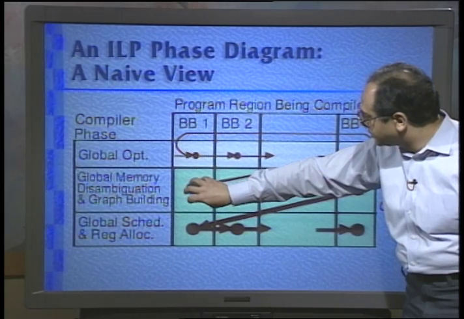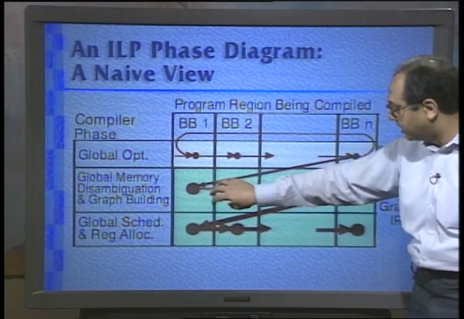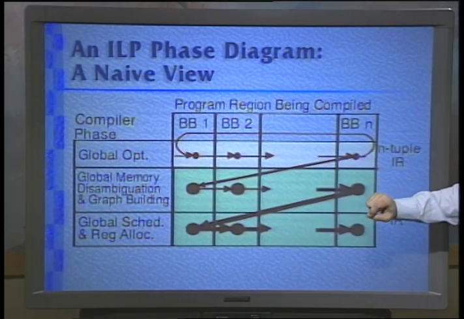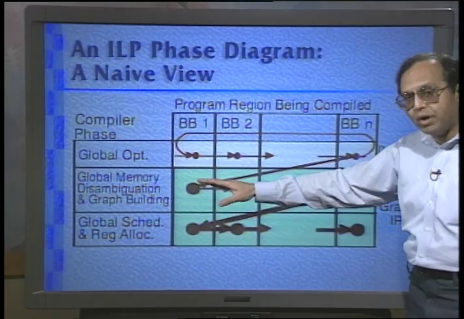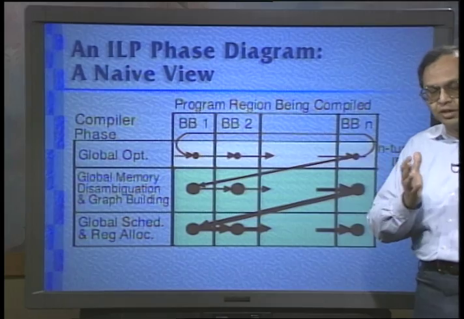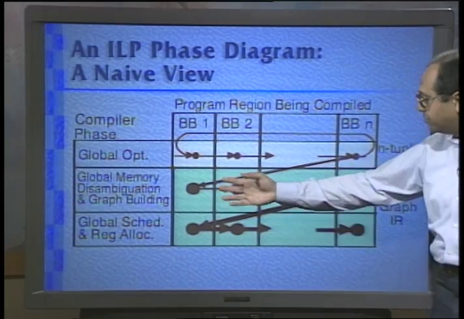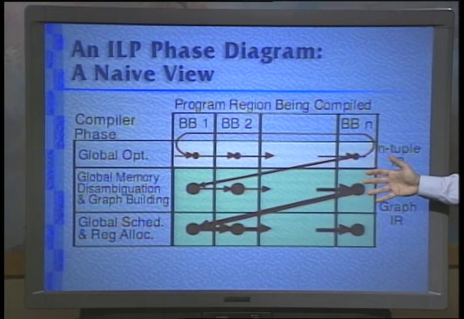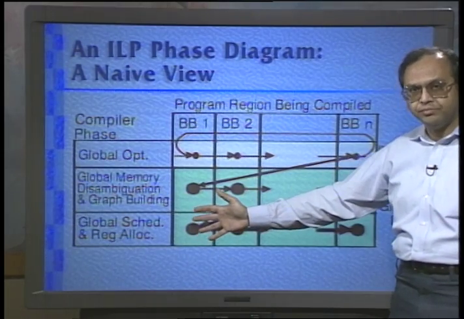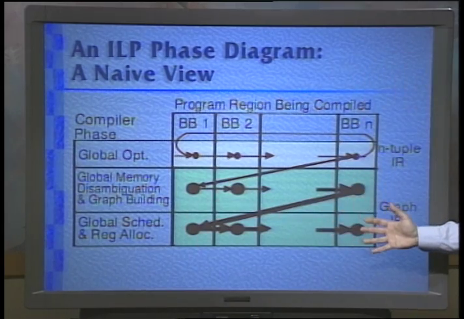So first, this is represented by rather large dots that are supposed to indicate that the computation time, the compile time, is increased. Perhaps even worse is the fact that the amount of output from memory disambiguation, whether it's in one form or the other, whether it's represented in the graph or not, becomes truly voluminous. And so you have a huge data structure that has to be stored and carried through the global scheduling phase.